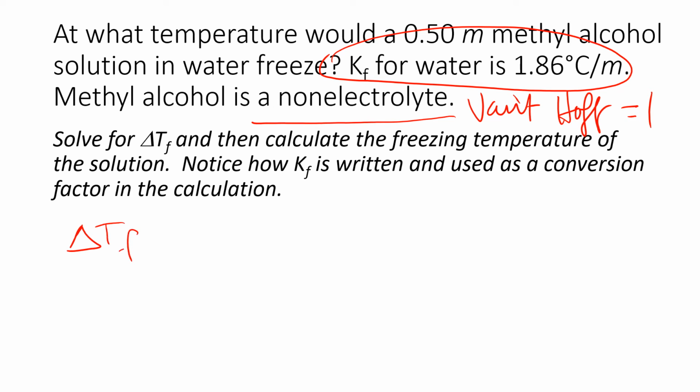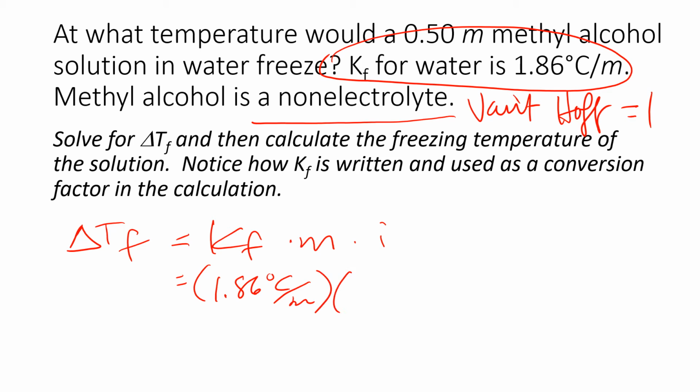So delta TF equals KF times molality times I. So 1.86 degrees Celsius over M times 0.50 M times 1, the Van Hoff factor. So 1.86 times 0.5 times 1, that is 0.93 degrees Celsius.